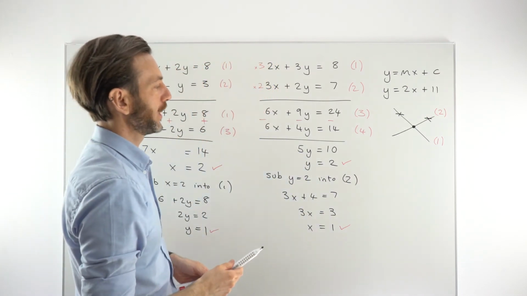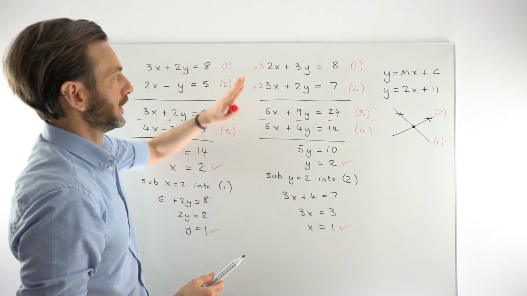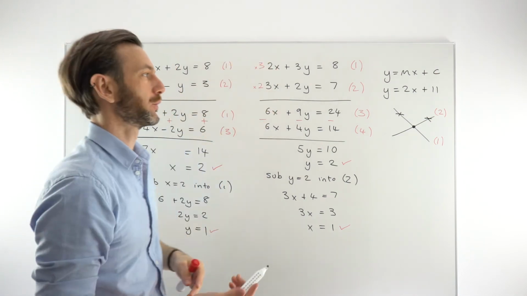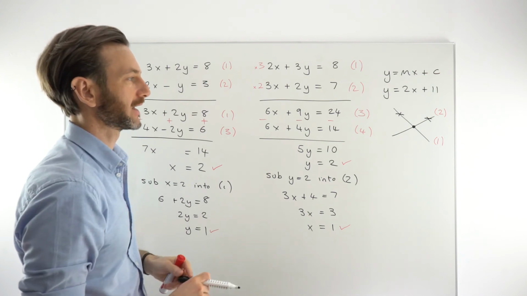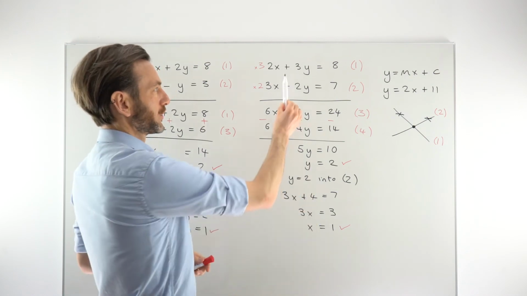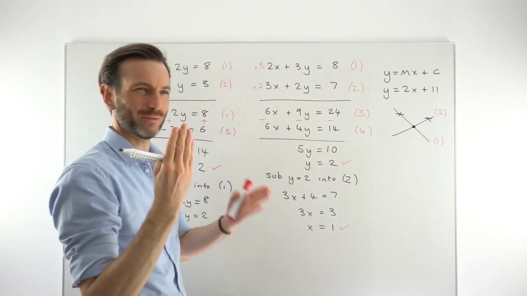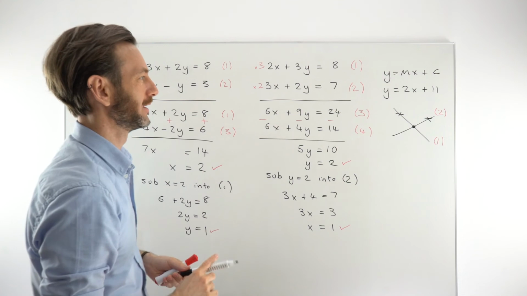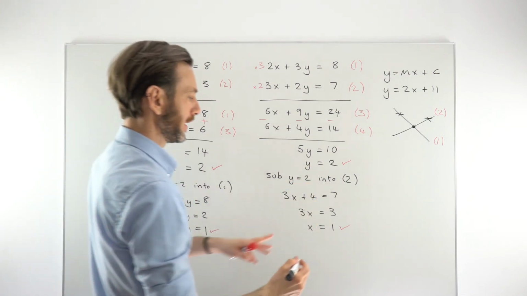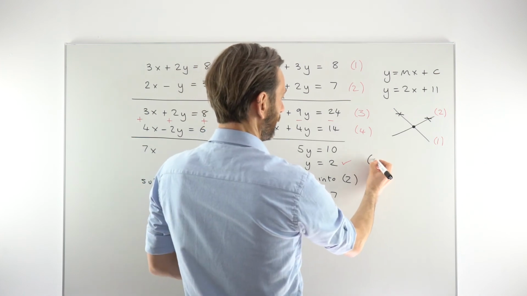So sometimes these questions will be worded, rather than here's two equations, solve them, it will say find the point where the lines intersect. And that really throws a lot of students off because there might not even be a diagram. It might just say something about lines and it's like, why is this even talking about lines? But just remember that when you're solving simultaneous equations, what you're actually finding is a point.